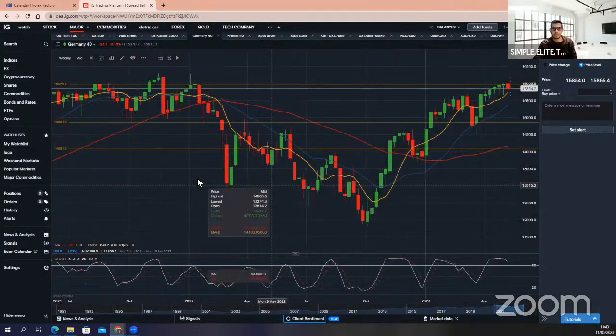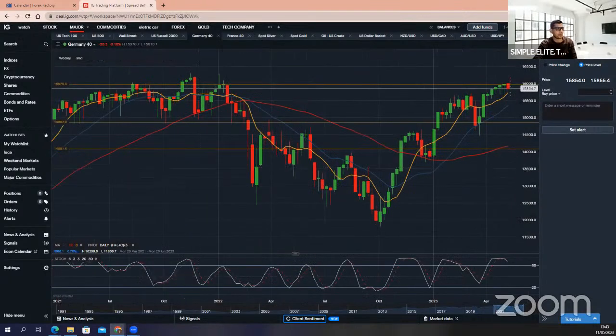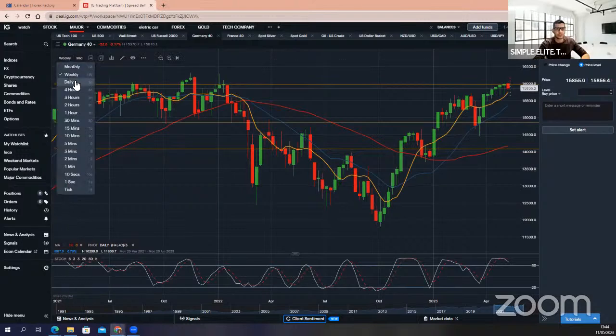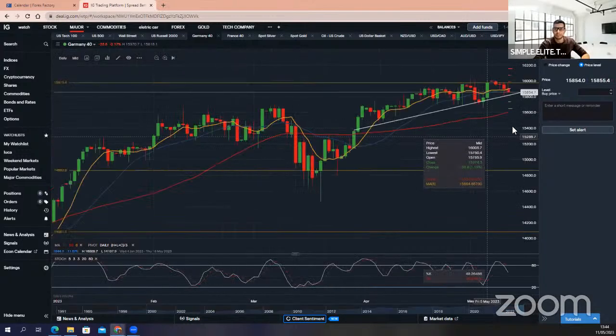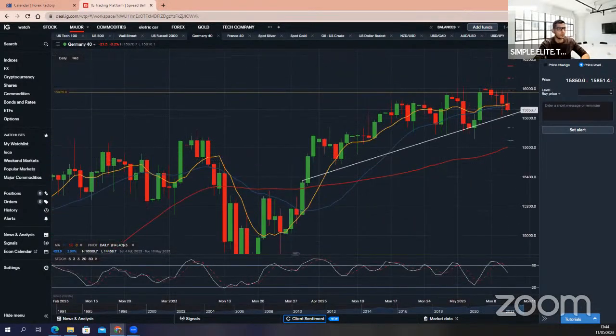On the weekly time frame, we saw historically price rejecting this 16,000 mark, and now it's here again. So I think price will have some retracement because it's not bullish anymore.